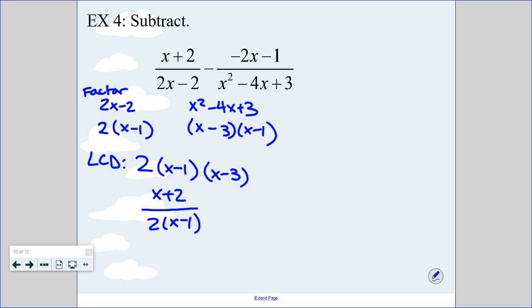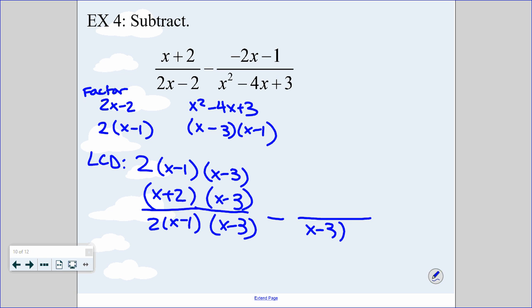An x minus 3. So I'm going to multiply by that on the top and the bottom. Then I have a minus sign. And on the bottom over here, I have x minus 3, x minus 1. So what do I need now? I need a 2. So I'm going to multiply by 2 on the top and the bottom.